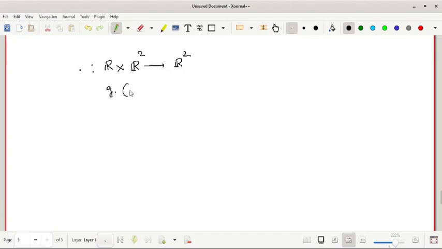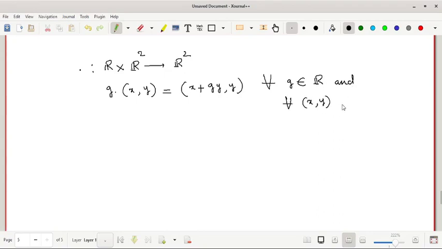g dot (x, y) is equal to (x plus gy, y) for all g in R and for all (x, y) in R2. Okay, nice.